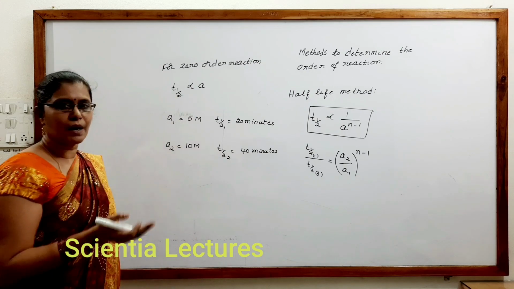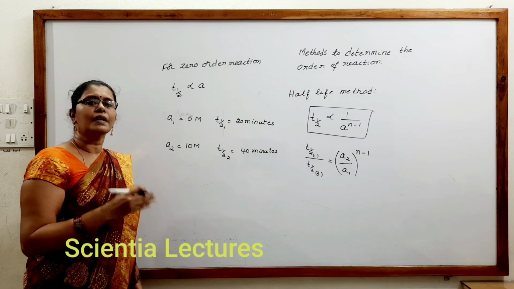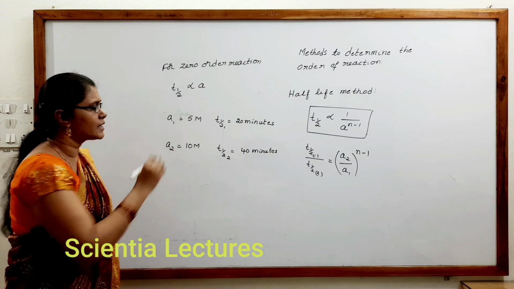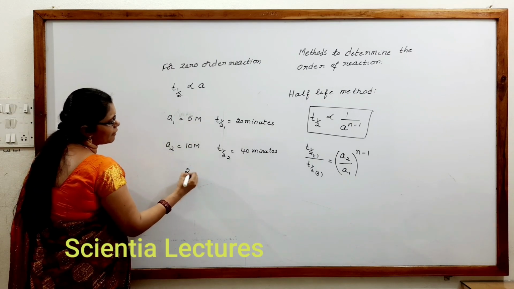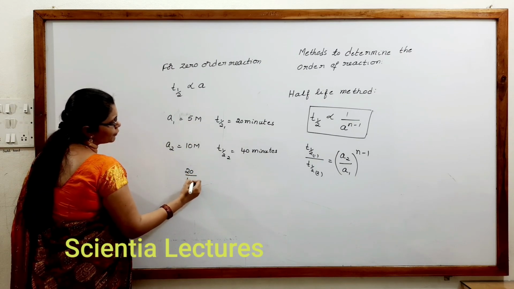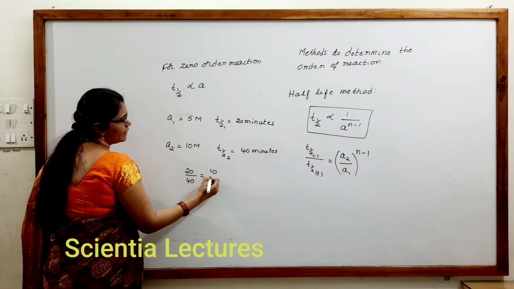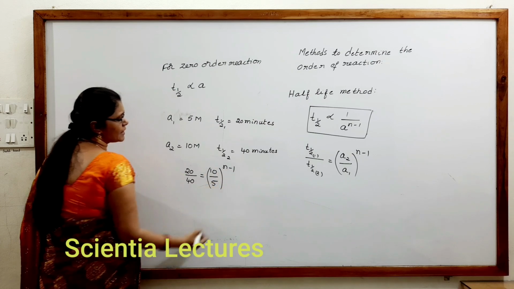When initial concentration is doubled, T half is also doubled. Then what is the order of reaction is the question asked. Based on that condition, can we write T half 1 is 20, T half 2 is 40, equal to A2 10 by A1 5 to the power of n minus 1?